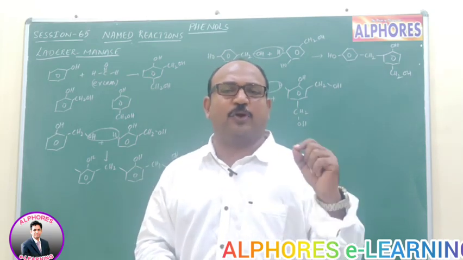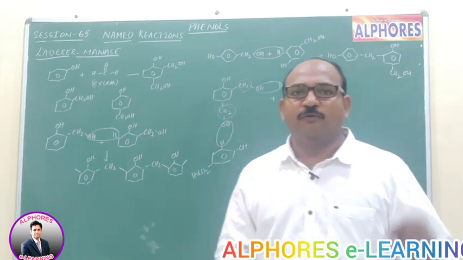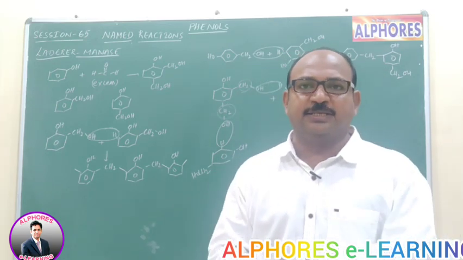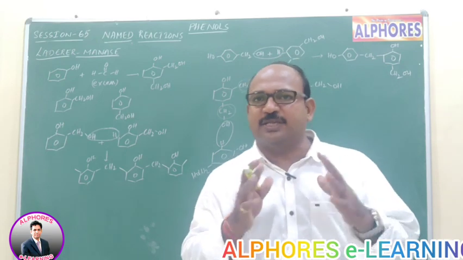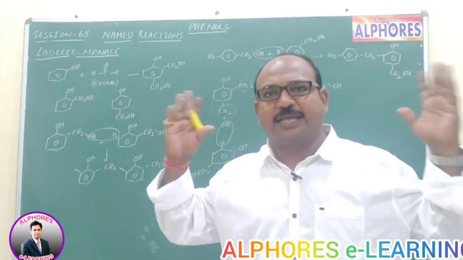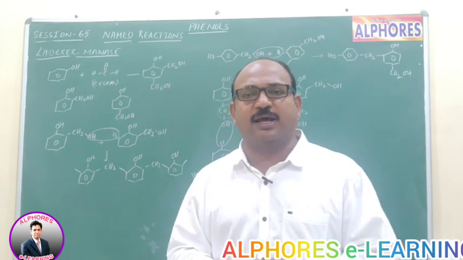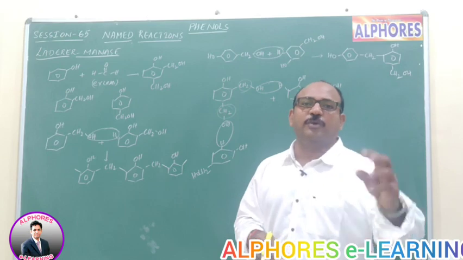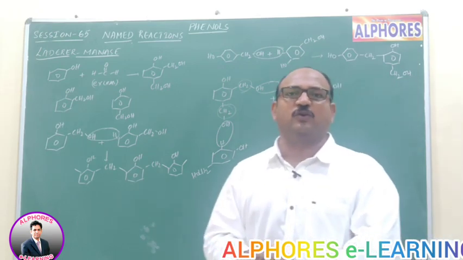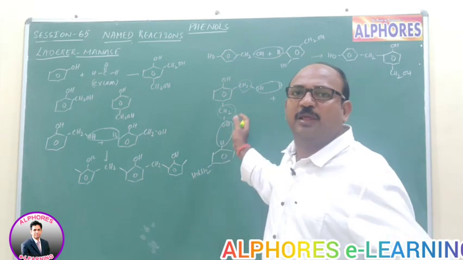As a result we get the products Novolac and Bakelite. These two are phenol formaldehyde resins. A resin is also like a polymer, but in a polymer thousands or lakhs of molecules are involved, whereas in resinification or resin formation only a few molecules, 10 to hundreds, take part. So a resin is also nothing but a polymer.